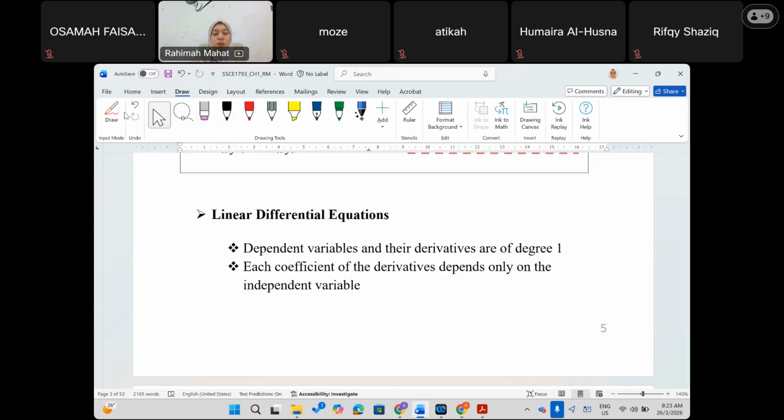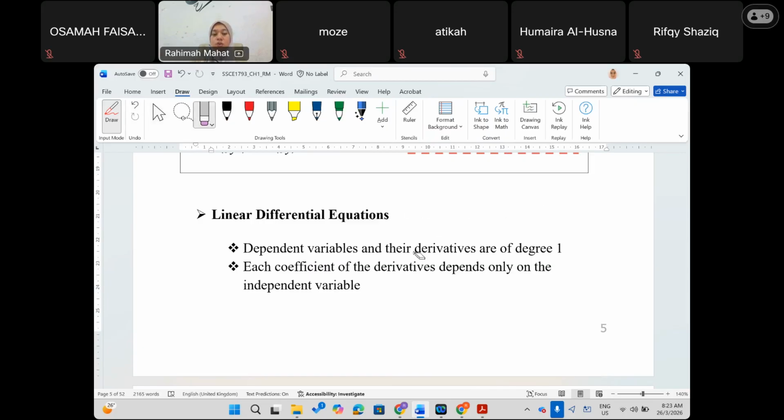Linear means that if you draw the graph, you will get a straight line equation. If you draw the quadratic, usually you have the U shape, so that is not the linear equation. So the highest power of the linear equation must be 1.